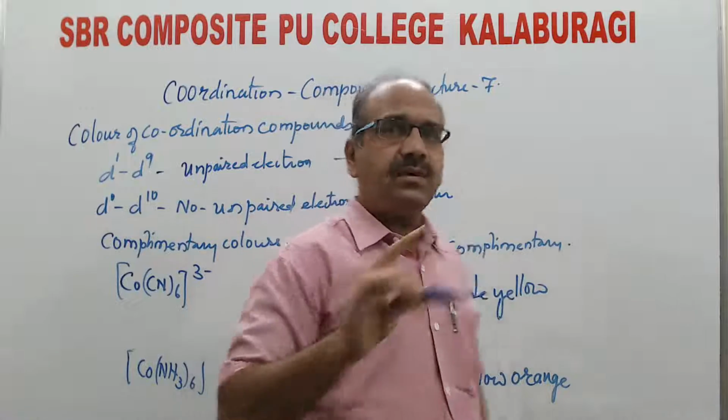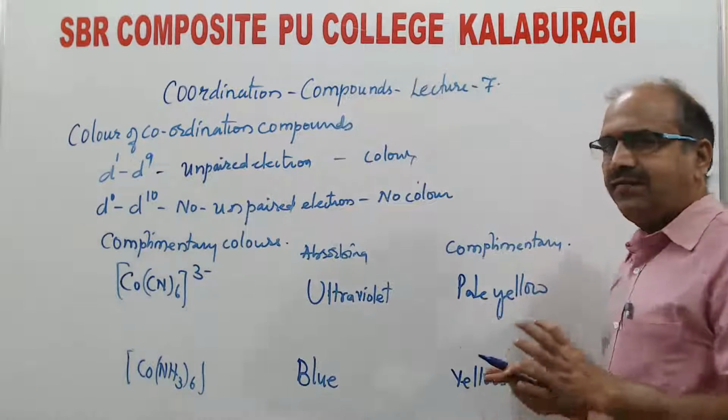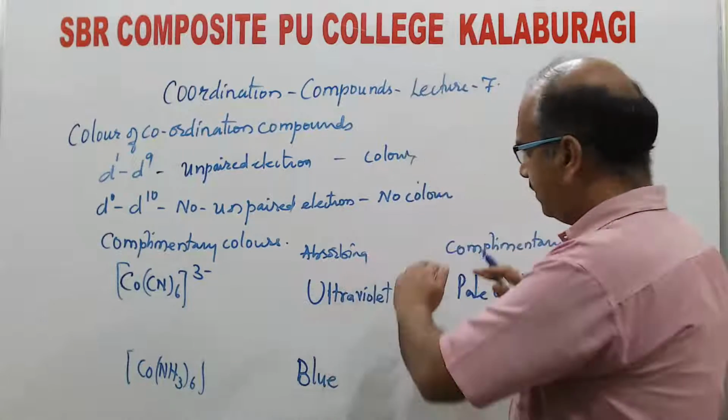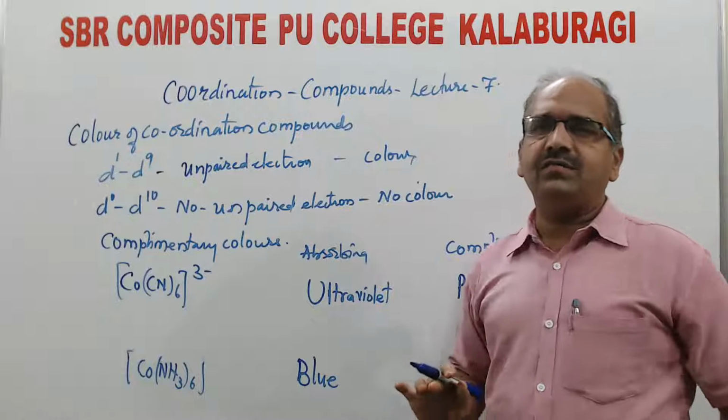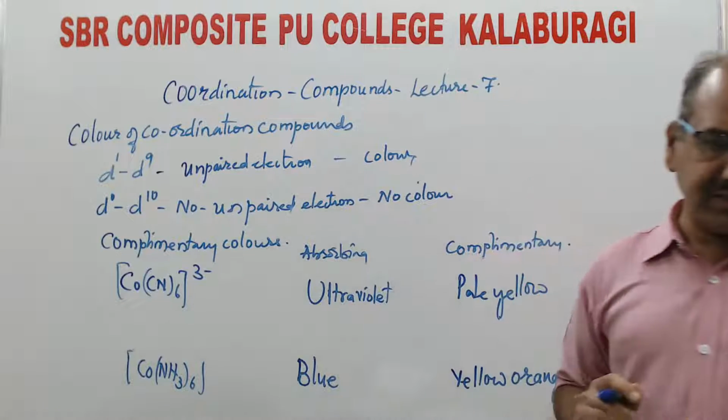You need to just remember this concept, these colors and complementary colors. If you are remembering and able to reproduce, very fine. But if not, it is not that very important. But if you remember, excellent.